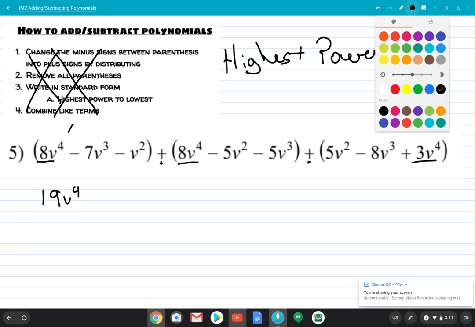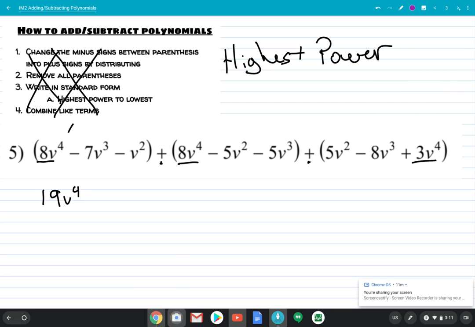Okay, so I'm going to switch colors. Next highest power is a 3. I got a negative 7v cubed, negative 5v cubed, negative 8. So negative 7 plus negative 5, that's negative 12, plus negative 8 is negative 20.